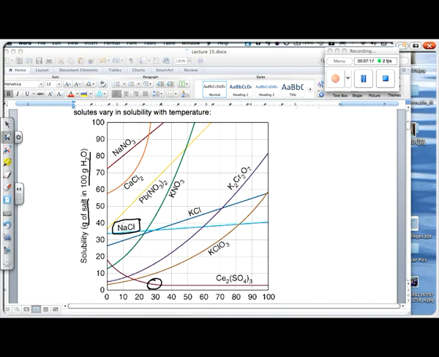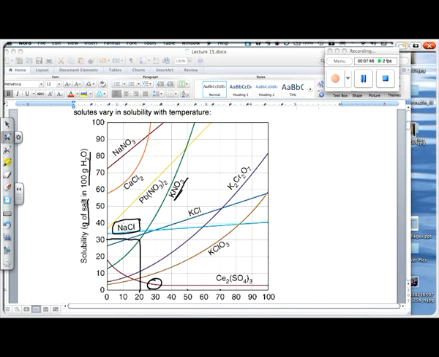If I am talking about potassium nitrate at 20 degrees, the temperature's down here at the bottom. At 20 degrees, we go up to our potassium nitrate. 30 grams of potassium nitrate dissolves in 100 grams of water. At 70 degrees, it's probably a little too high. Let's go to 50.